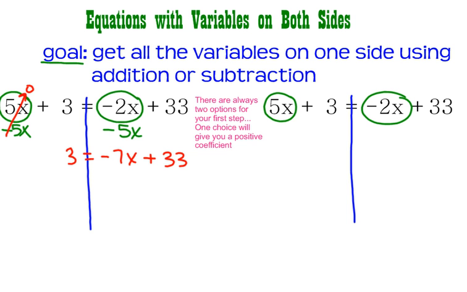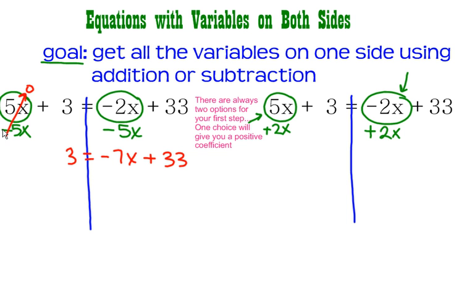I again circled my variables with their coefficients, and instead of starting here and subtracting 5x from both sides, I'm going to start here. How would I get rid of minus 2x, or what is the inverse of minus 2x? Well, the inverse is plus 2x. And my balance line is there to remind me what I do to one side, I must do to the other.